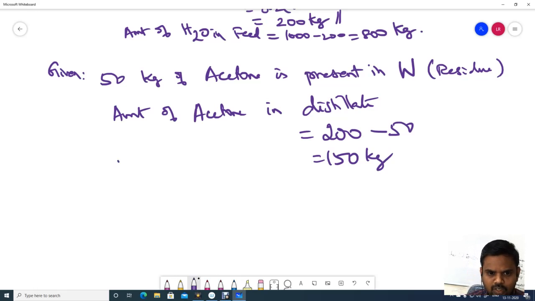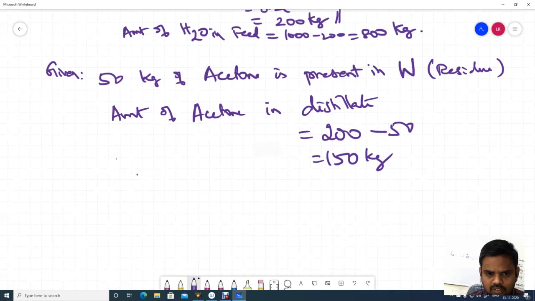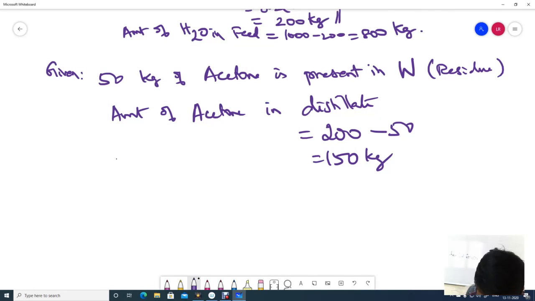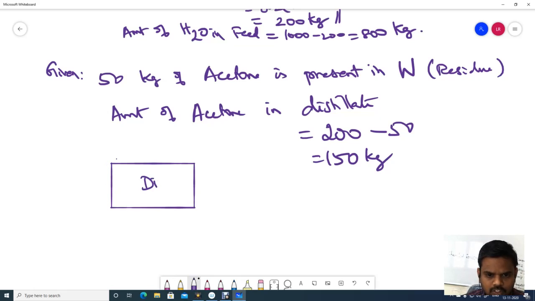That will be the amount of acetone present in the distillate. So what is the overall material balance? If you have drawn the material balance diagram, I have feed, I have distillate, I have the residue. So what is the 1000 kg?